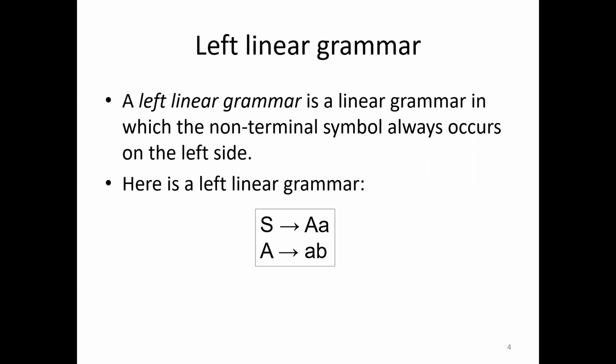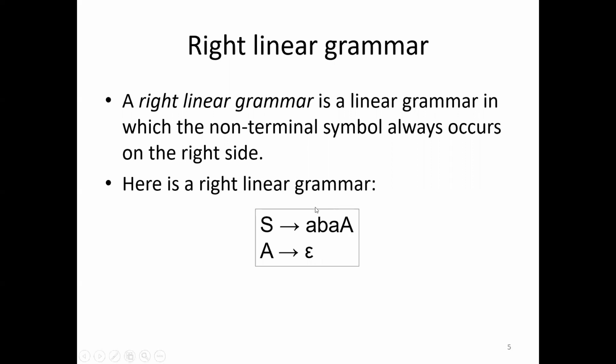In case of right linear grammar, the non-terminal is the first symbol from the right-hand side of the production rule.